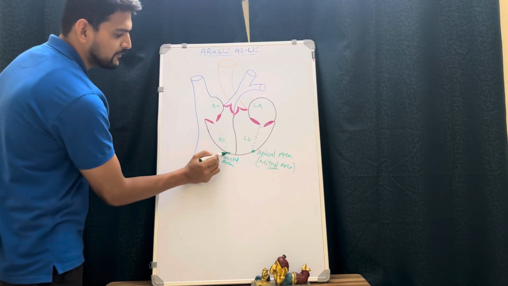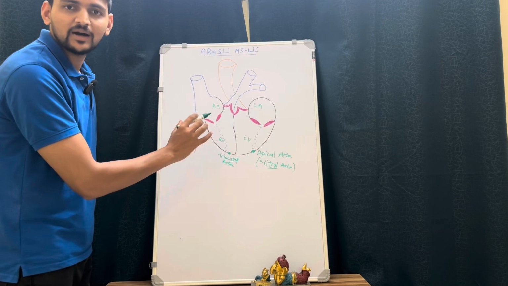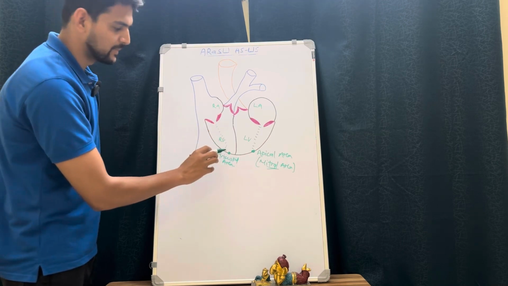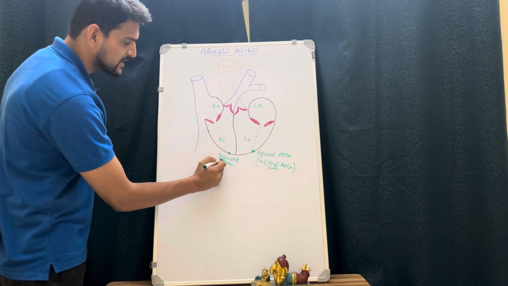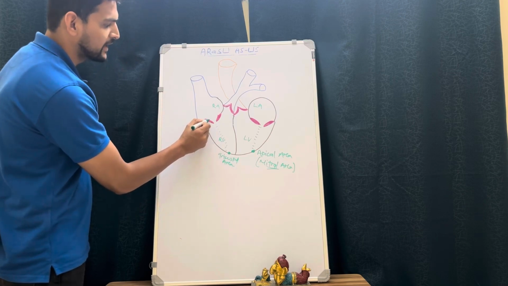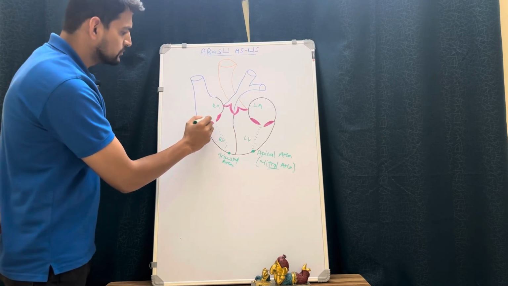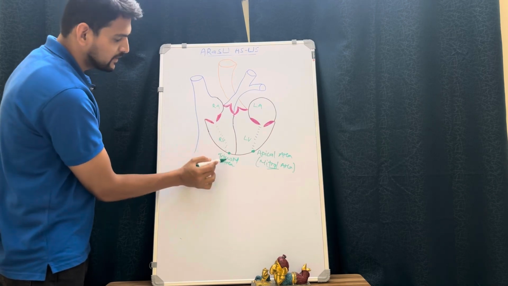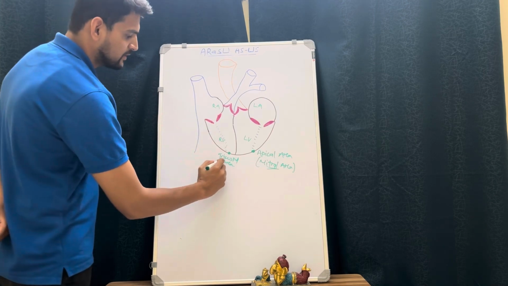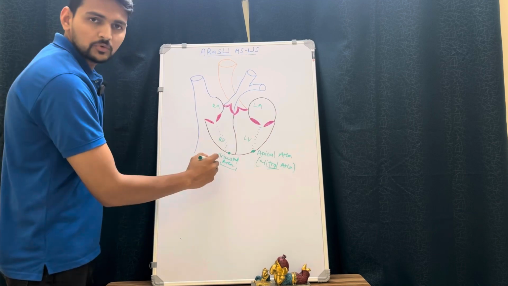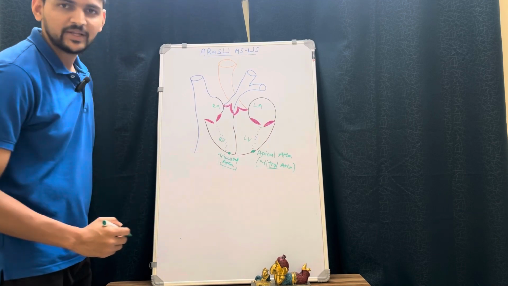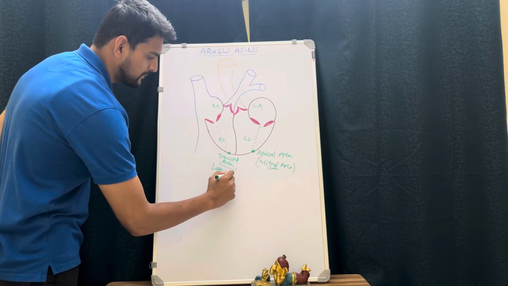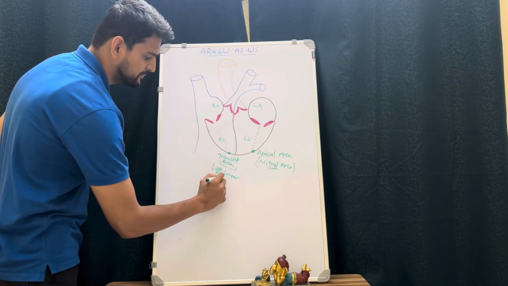That is the area where these sounds are better heard. So we will consider that particular area for our examination. But as we can see here, this area is not overlying the exact valve. Here are the tricuspid valves, but the tricuspid area is at this particular site. The surface anatomy of the tricuspid area is the left lower parasternal area.